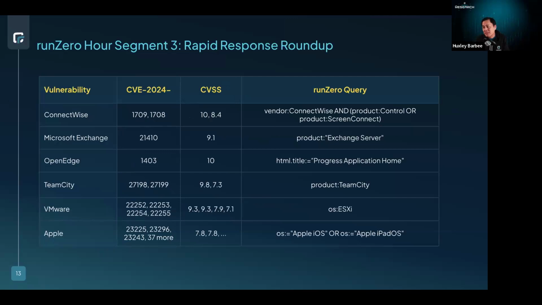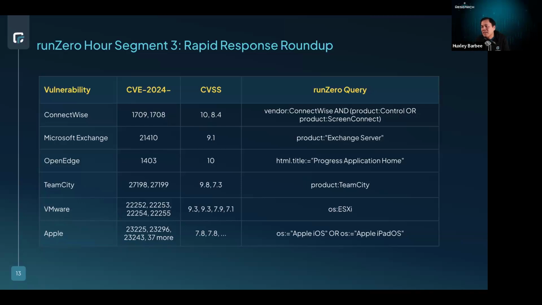The great thing about this is you can identify very quickly the devices you need to remediate without having to rescan your network, without waiting for a vuln check or running a full vuln scan. You can use runZero to find those potentially vulnerable devices.